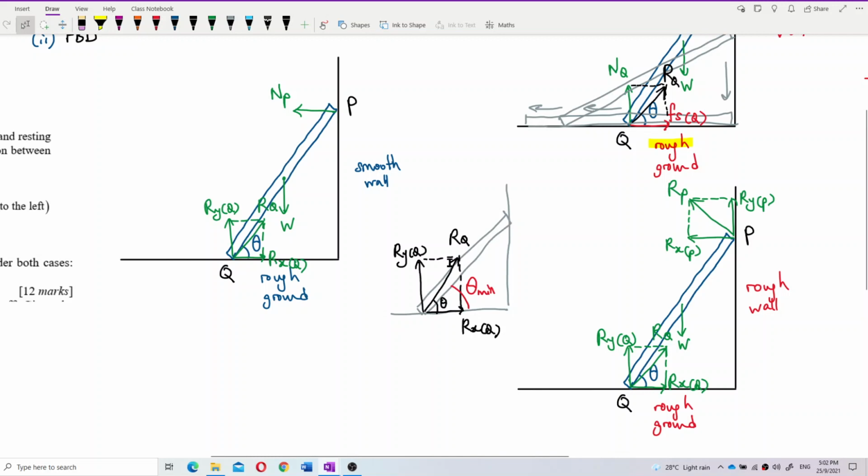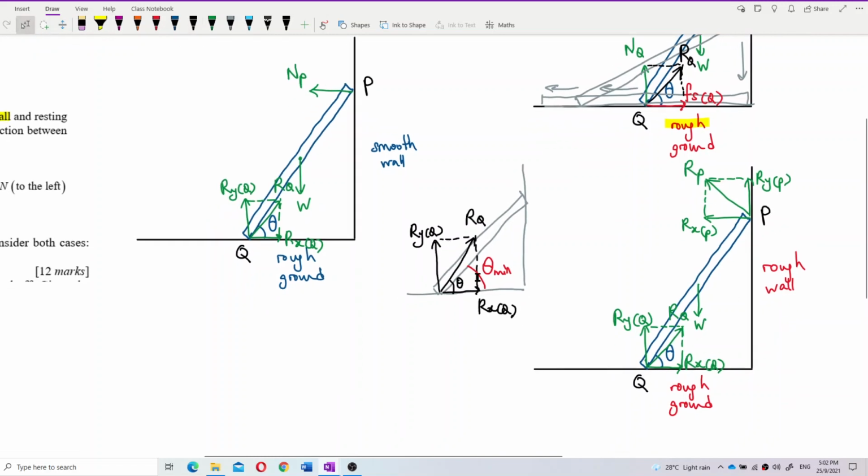You can only know the angle theta after you know Rx and Ry. That means you still have to use Ry divided by Rx, tangent theta, to find the angle for the reaction Q. Remember, it's not the same as the angle for the beam.